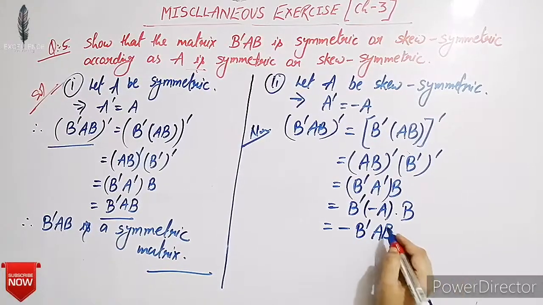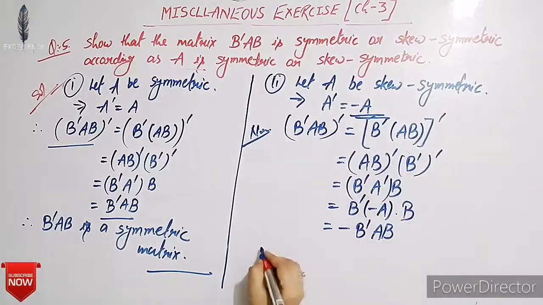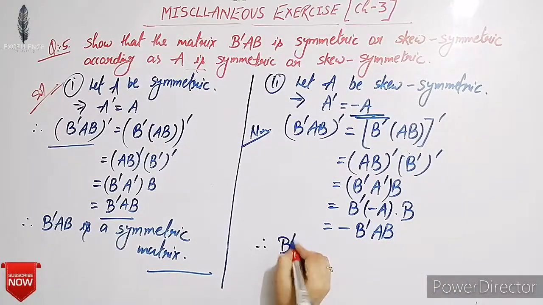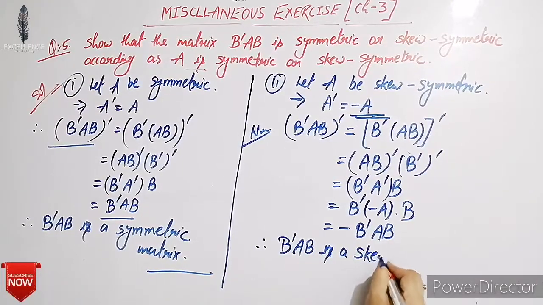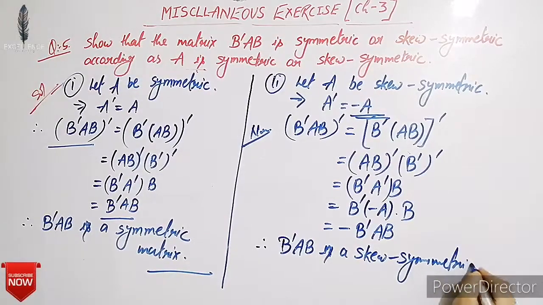Clearly we have (B'AB)' equals minus B'AB. So B'AB is a skew symmetric matrix because its transpose is equal to negative of it. Okay, clear? Let's see the next question.